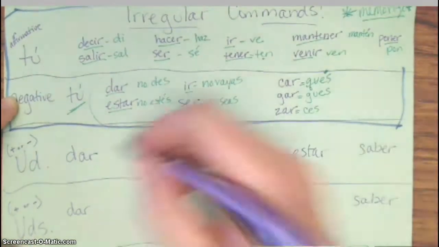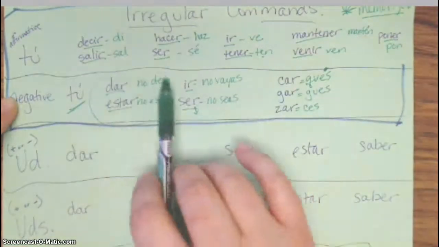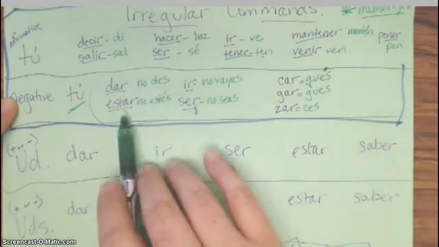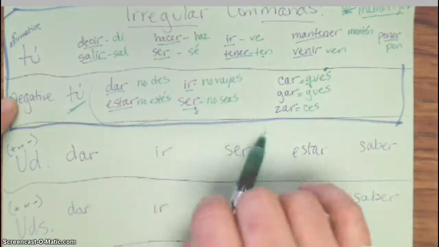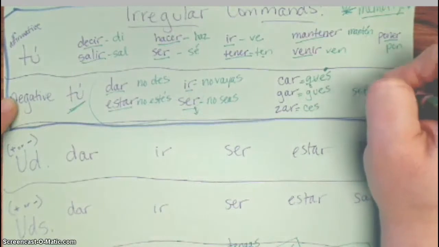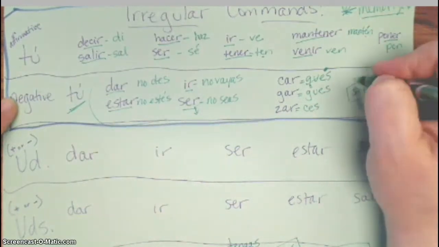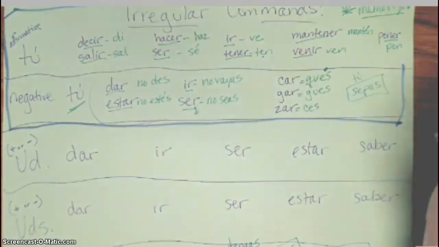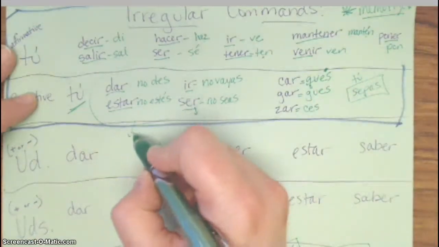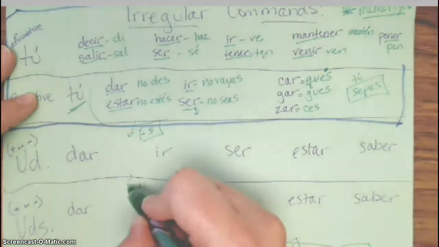So I've got some irregulars listed that they list in the book below here, but really all of these irregular negative tú commands are the ones that are going to be affected here. So I've got dar, ir, ser, and estar, but I've also got saber. Saber could go up here as well, which would be sepas. It's not going to be any different in the tú form. Don't worry, it's not on your test. But anyway, so this is going to be this minus the S. That's it. And this is going to be this plus the N.